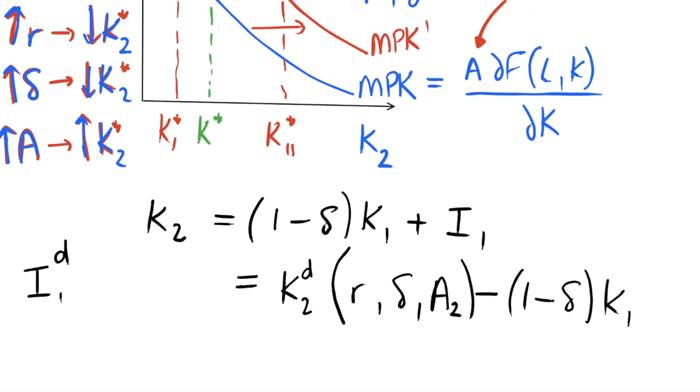And as we showed above, this demand for K2 depends negatively on the interest rate, negatively on the depreciation rate, and positively on our productivity parameter A2.